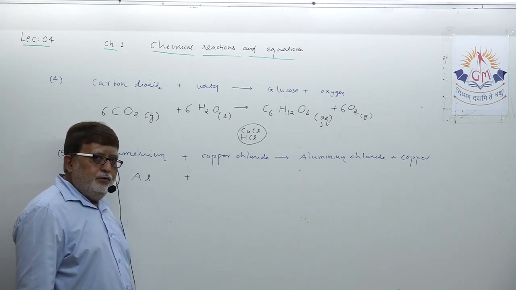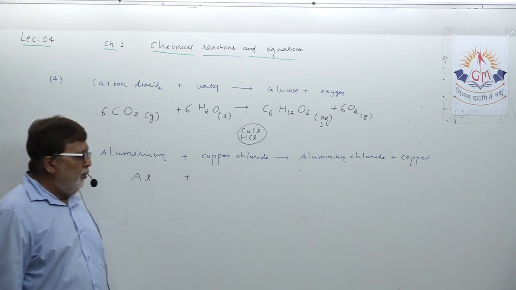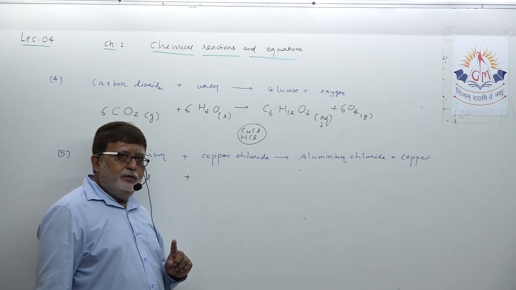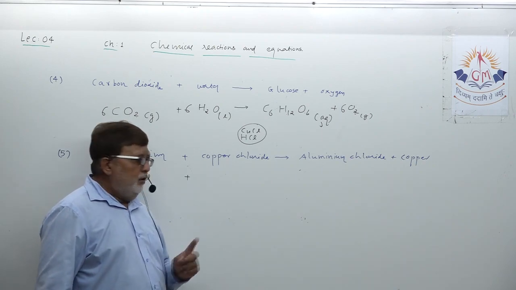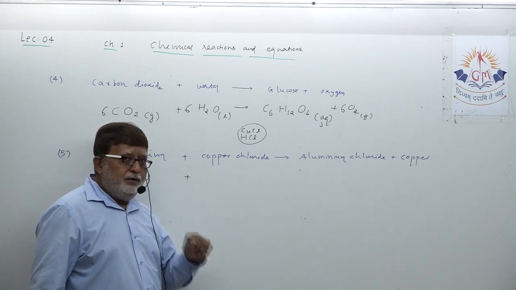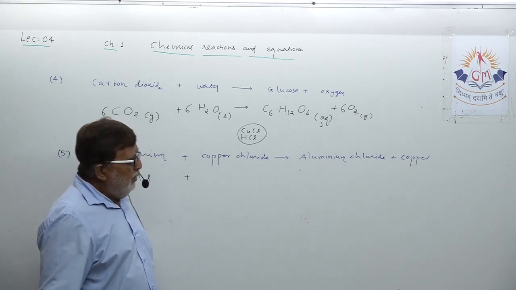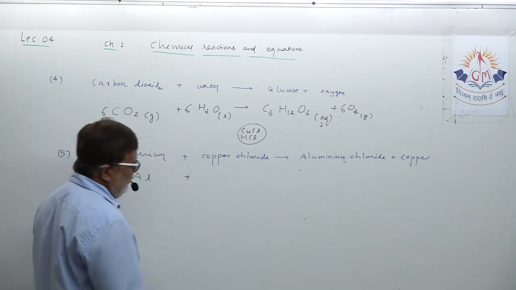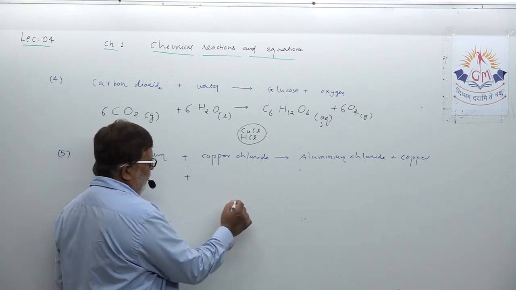When you want to write the formula of copper chloride, you must have complete knowledge about both these elements, copper and chlorine, and their valencies. If any student remembers the valency, it becomes easy.